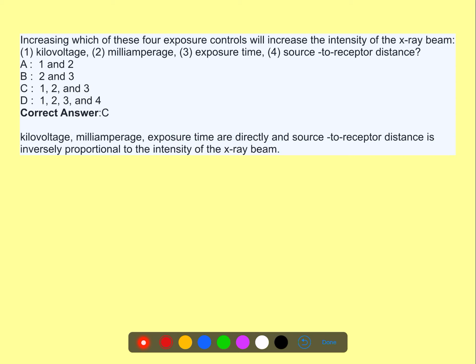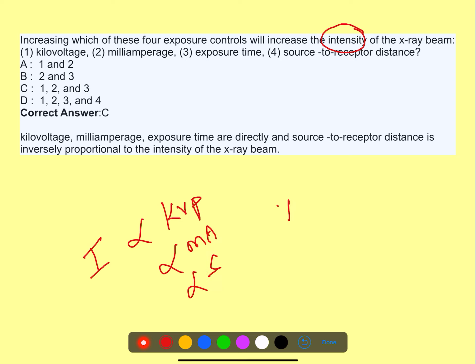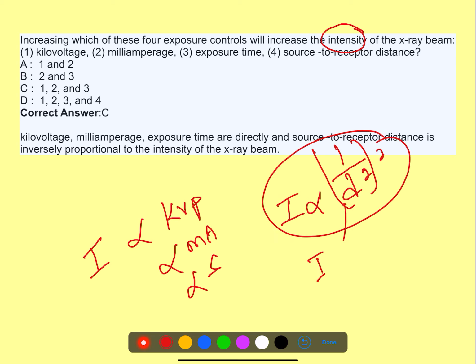Increasing which of these four exposure parameters will increase the intensity of the beam? You have to see that intensity is directly proportional to kVp, milliamperage and time, but it is inversely proportional to source to receptor distance. That is nothing but the inverse square law.